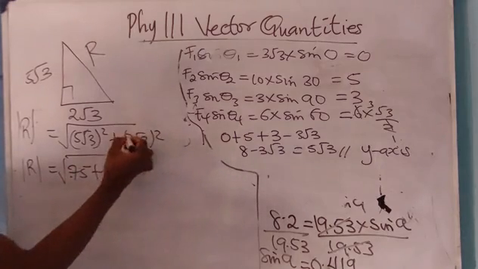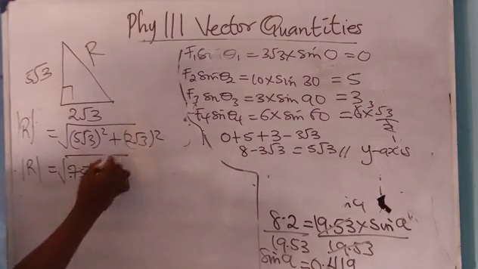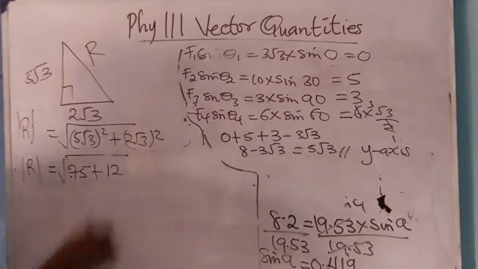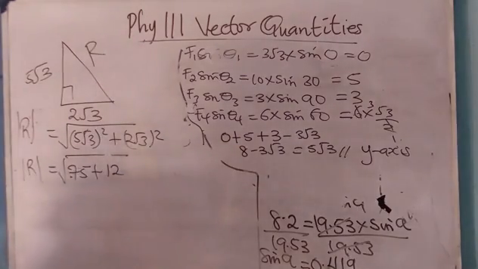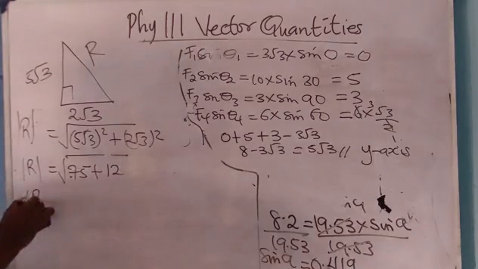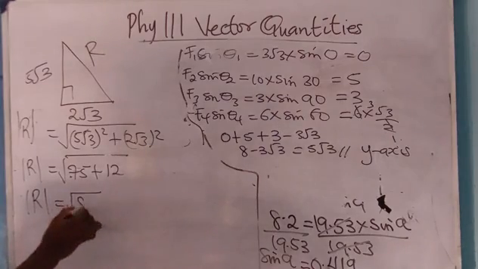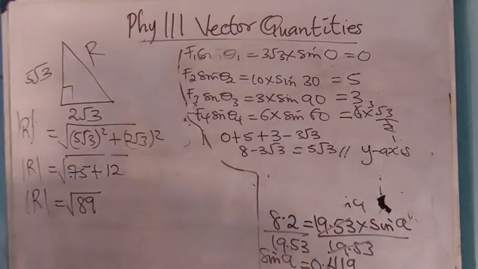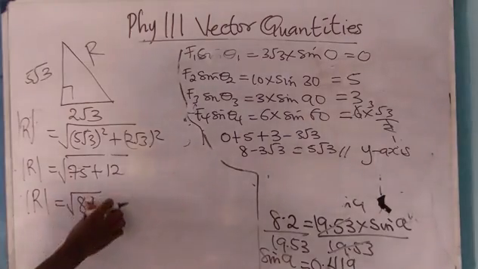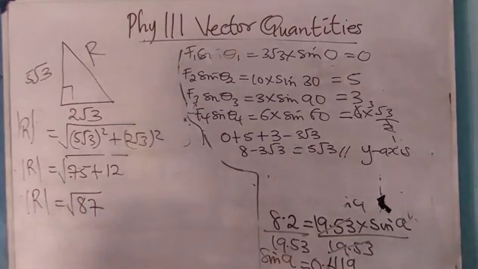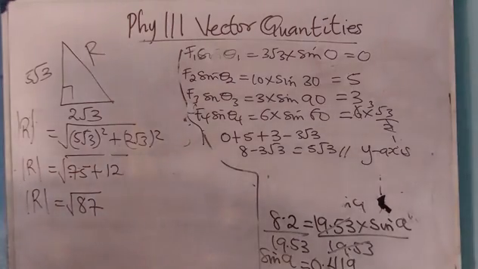Plus 2 times 2 is 4, and 4 times 3 is 12. So the square root of 87.